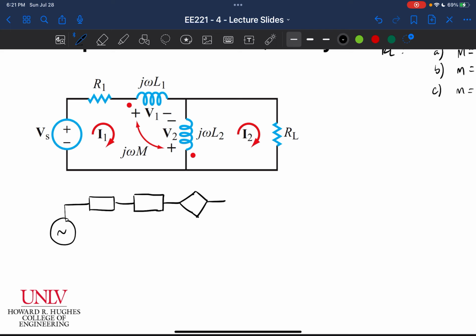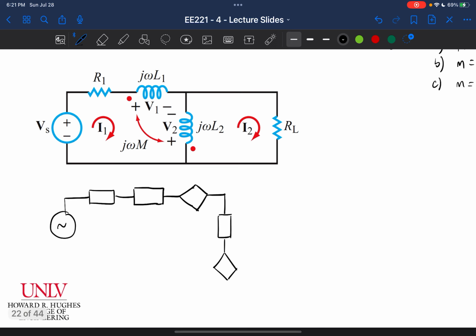In this middle part, we're going to have an inductive impedance, and of course a dependent source here. This one looks pretty bad; it's supposed to look more square. That's not too bad. And so this is my circuit.